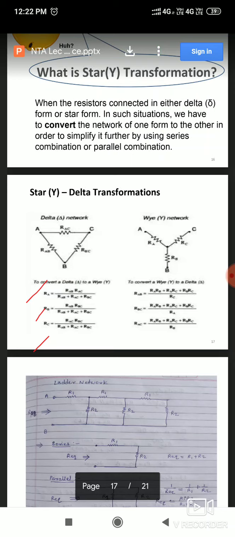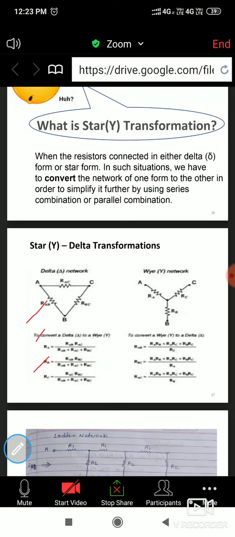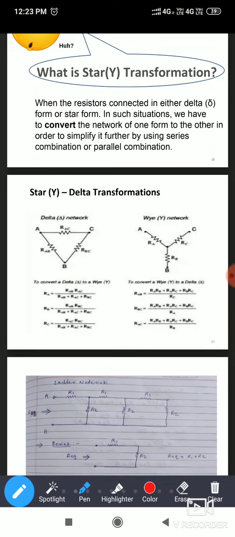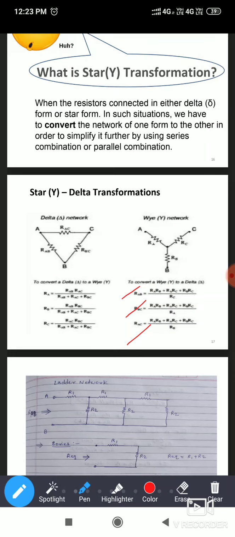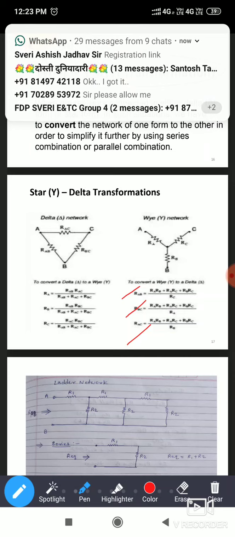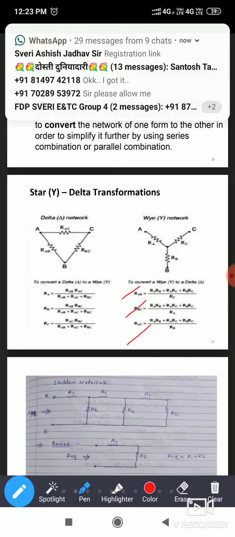Now next, if a star network is given, the reverse way, you have to use these three formulas, RAB, RAC and RBC. Now here, if you are observing, the numerator will be the constant.